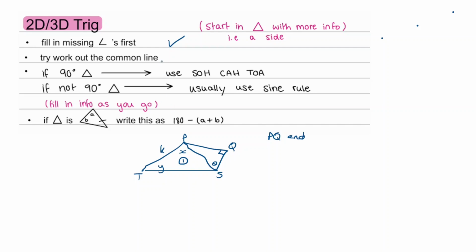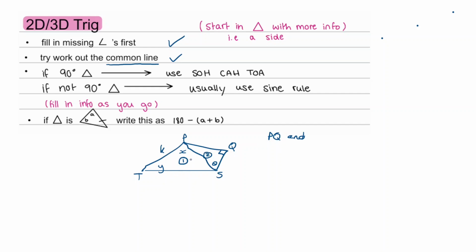My goal throughout this section is to work out the common line PS. So even though they are asking you to work out PQ, if you can discipline yourself to fill in all the angles and make it your own personal goal to work out the common line that joins the two shapes together, that will help you get to your final destination a lot easier.